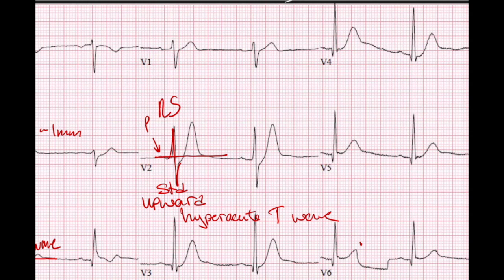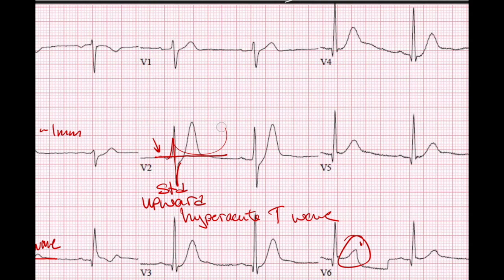And in fact, the first thing we want to ask ourselves when we see a hyperacute T wave in V1, 2, or 3 is if we have loss of appropriate precordial T wave. And so we look over here and we see in V6, our T waves are much smaller than in V2.